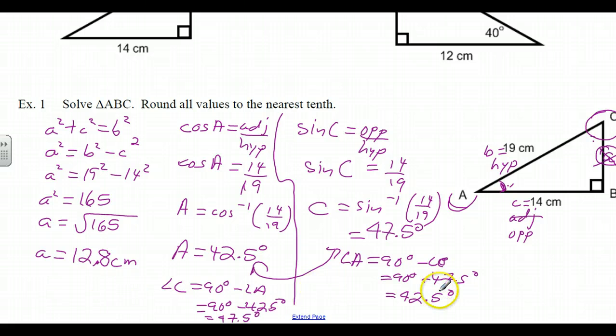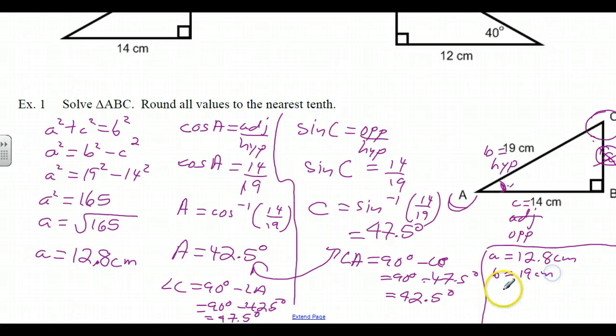At this point, we should have 6 measurements, right? So let's just summarize this all. Side A is 12.8 centimeters. That was calculated. Side B is 19 centimeters. Side C is 14 centimeters.